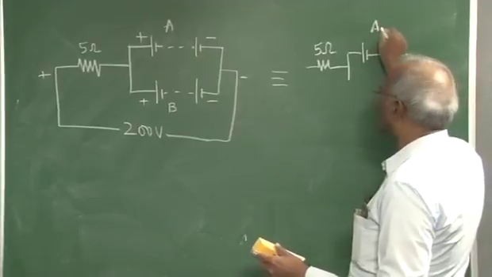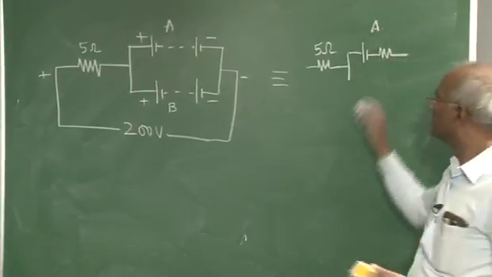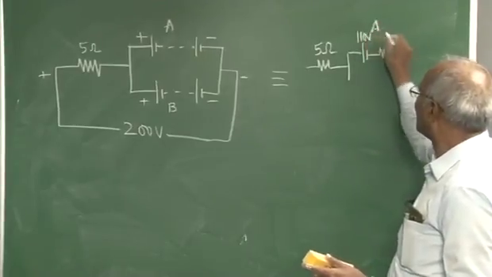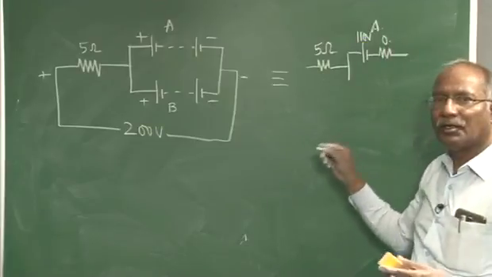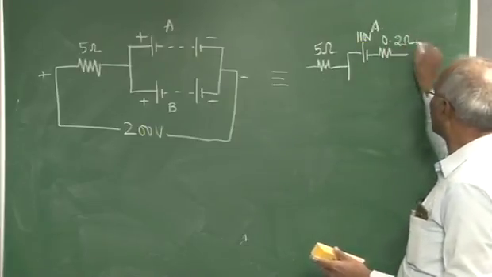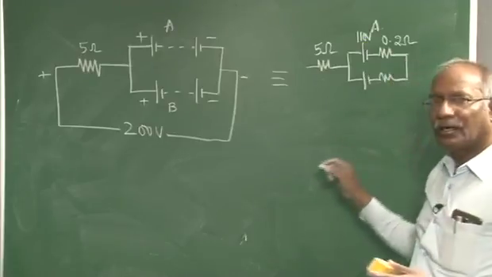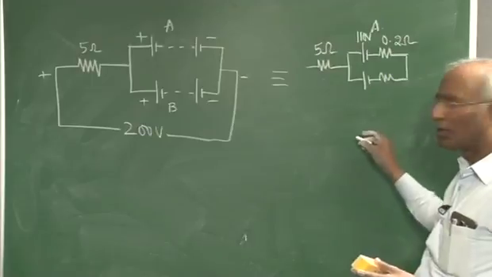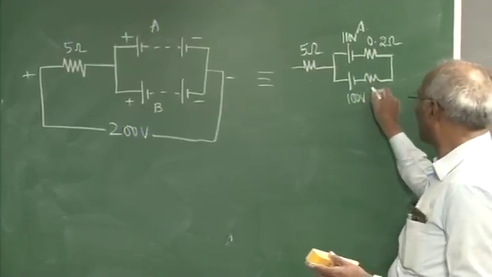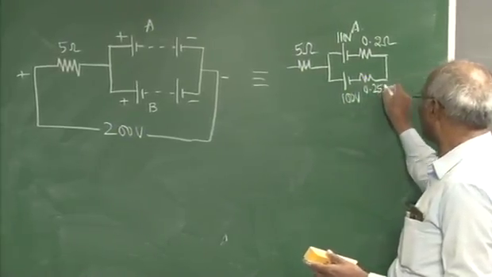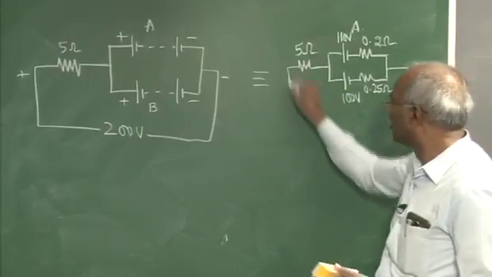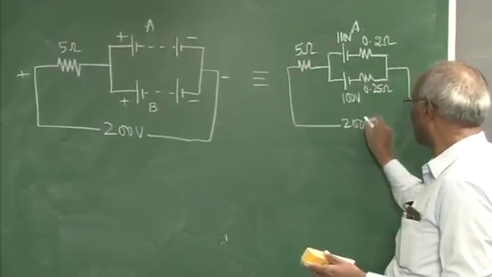This is nothing but A, which has a voltage of 110 volts and a resistance of 0.2 ohm. Battery B has a voltage of 100 volts and an internal resistance of 0.25 ohm, and is connected to a 200 volt supply.